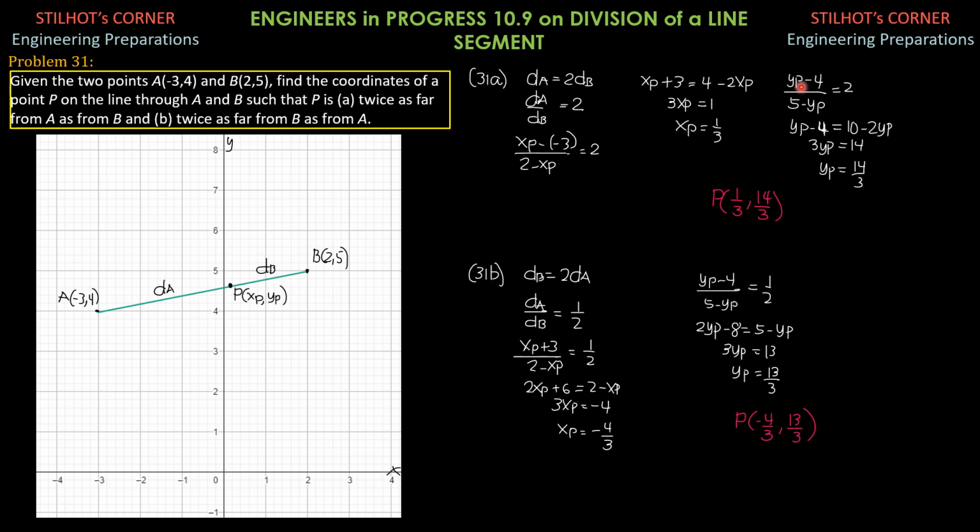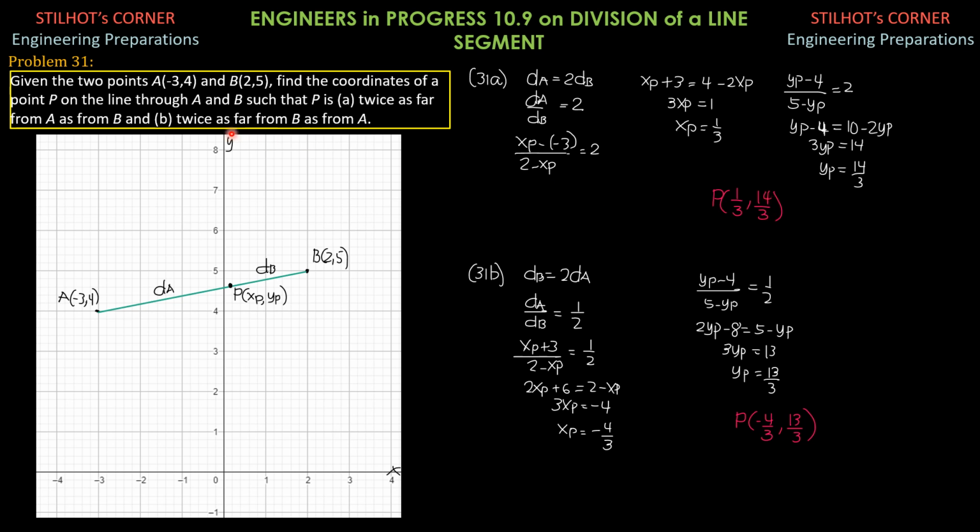Cross multiply, so y sub p minus 4 equals 2 times 5, 10, then negative 2yp. yp plus 2yp is 3yp, 10 minus negative 4, or 10 plus 4 is 14. So y sub p is 14 over 3. Therefore, the coordinates of point P would be 1/3, comma, 14 over 3.